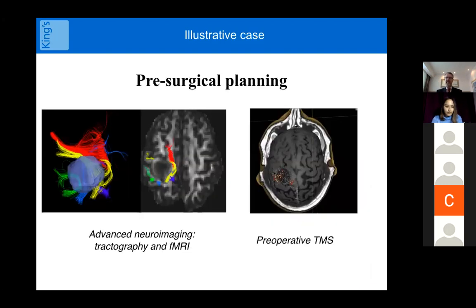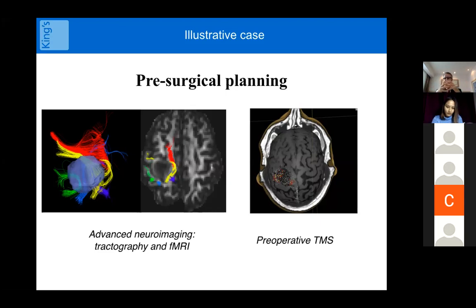So we decided to investigate a little bit and apply some of the tools that we described. So we did the tractography, and with tractography, we saw that the tumor, rather than invading the cortico-spinal tract, was displacing the fibers of the cortico-spinal tract, as you can see on the picture on the left.